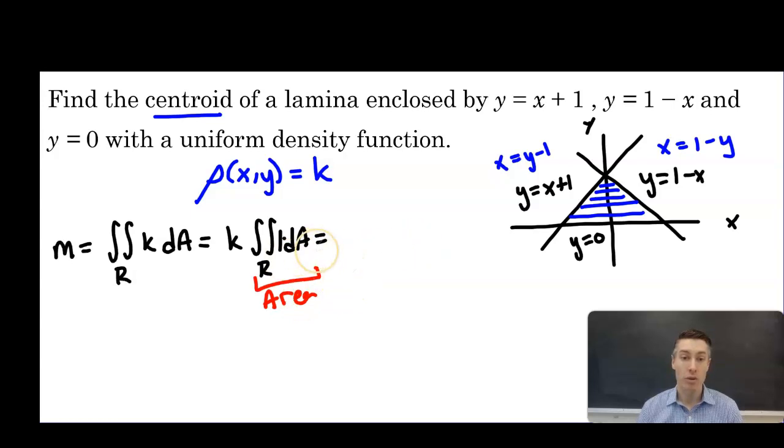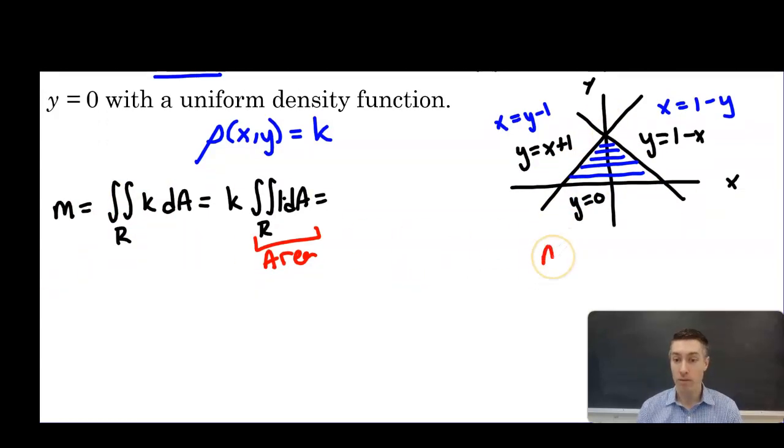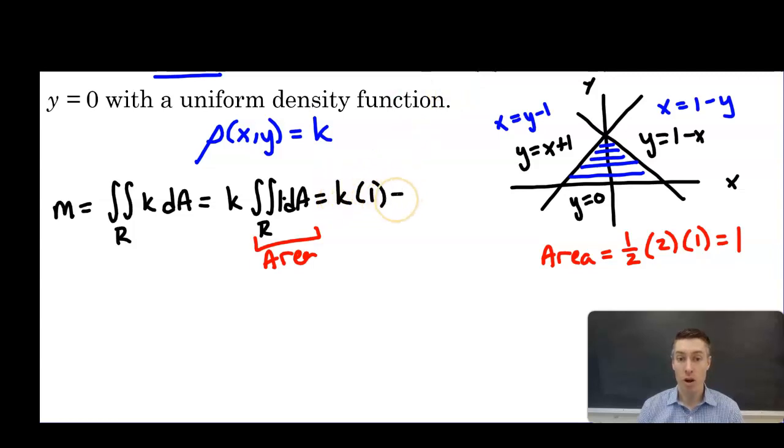So we can actually do this problem, for mass at least, without any integration, because our region is a triangle whose area we can find with a formula. So the area is 1/2 the base, so -1 to 1 is 2. The height is 1. So the area is 1. So k times 1 equals k. And I chose this problem in particular because we do avoid integration for a few of these computations.